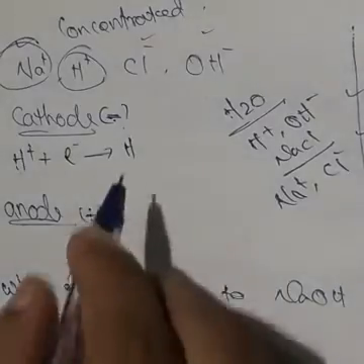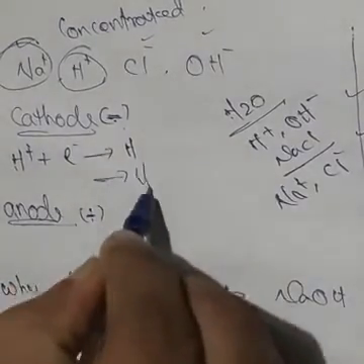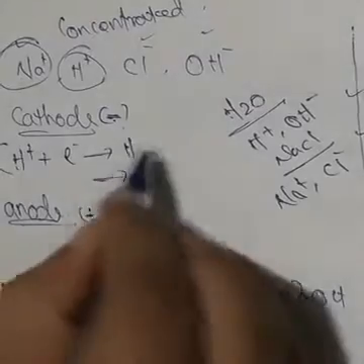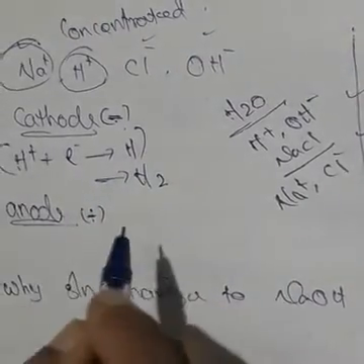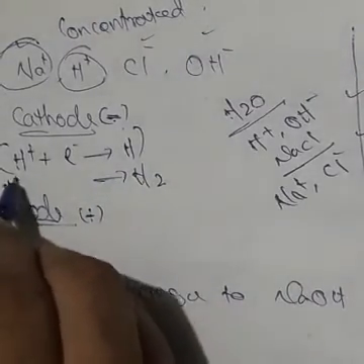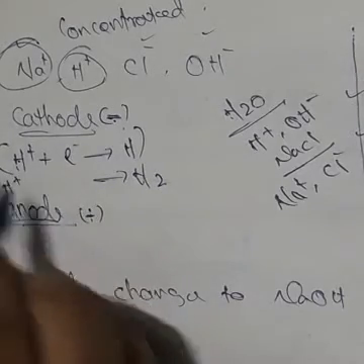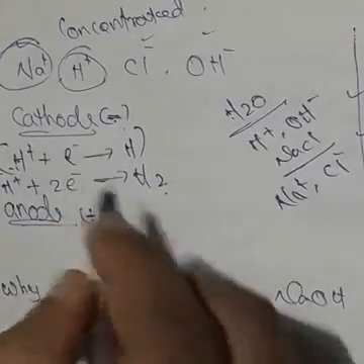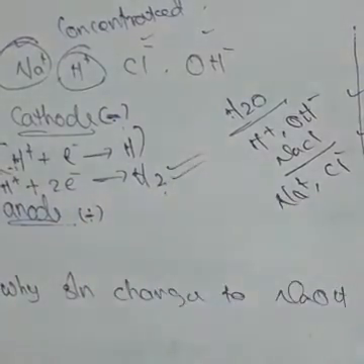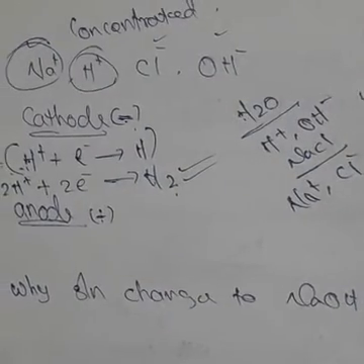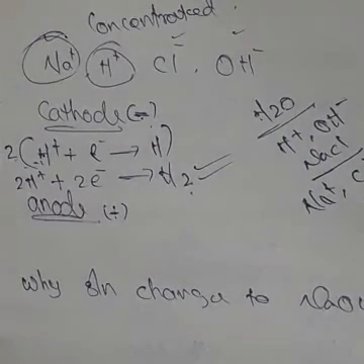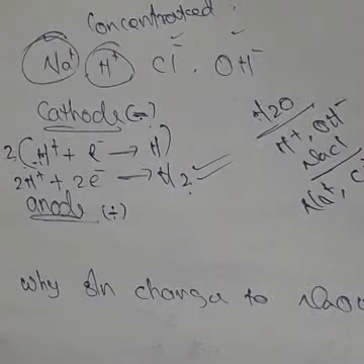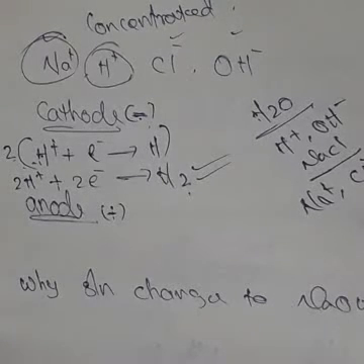So hydrogen we have to write in the form of H2. It means we have to multiply all this with 2. 2H+ + 2e- gives H2. This is the reaction taking place at cathode. So at cathode hydrogen gas is formed.